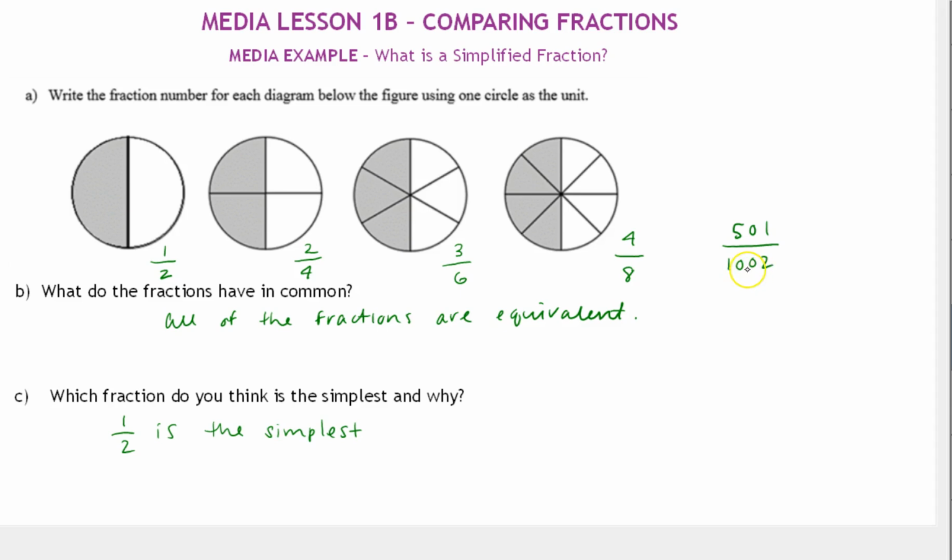It's hard to think of something broken into 1002 pieces and then having 501 shaded, but if you think about 1/2 of them being shaded, it's a lot easier to think about. So 1/2 is the simplest because it uses the smallest numbers possible.